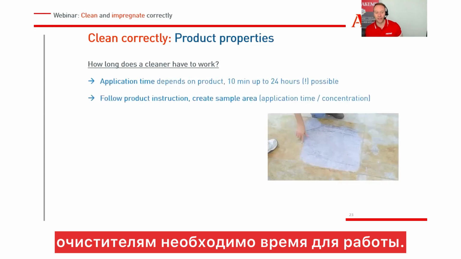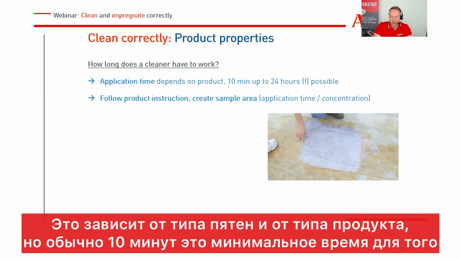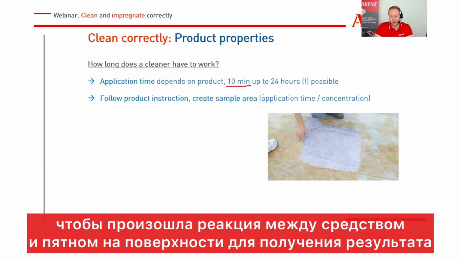And this depends, of course, on the type of stains and on the type of product. But usually 10 minutes is the minimum time you need a chemical product to react on the surface, on the stain, on the stone, to get a good result. And some products and some stains require even an application of 24 hours.